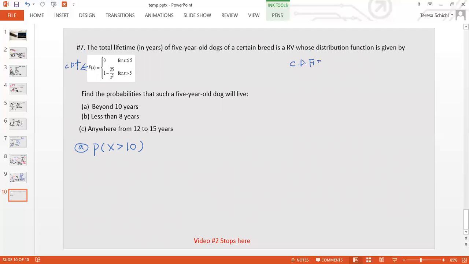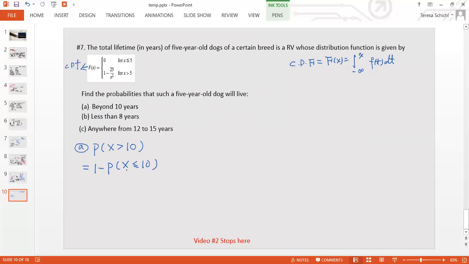The CDF, F of x, is where you integrate your PDF all the way up to x. That means it's less than x. So in order to use this CDF function, this will be equal to x less than or equal to 10. Correct?